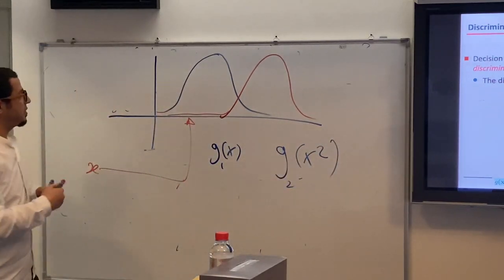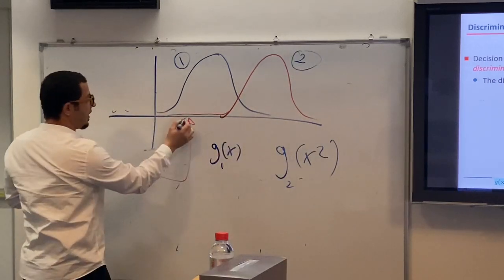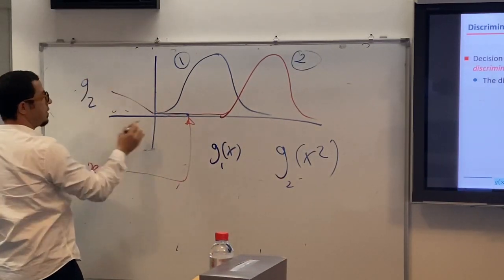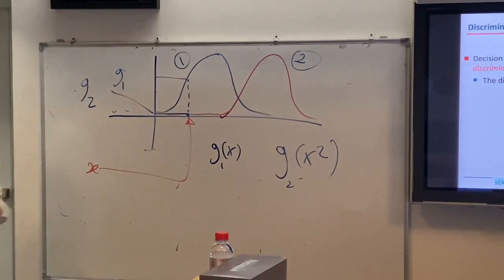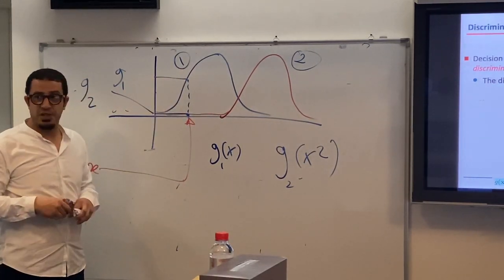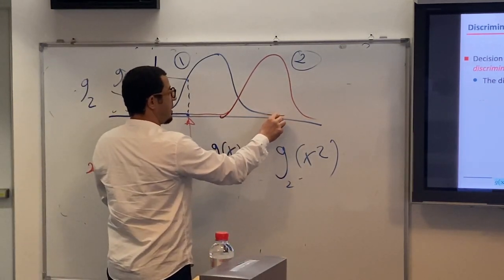Let's say 1 is the blue, and this is 2. Look at the value of X here. This will be G2, and this will be G1. Which one is bigger? G1. So if we are in this position, for sure it will be class 1. The same thing here: this is the value here, and this is the value.